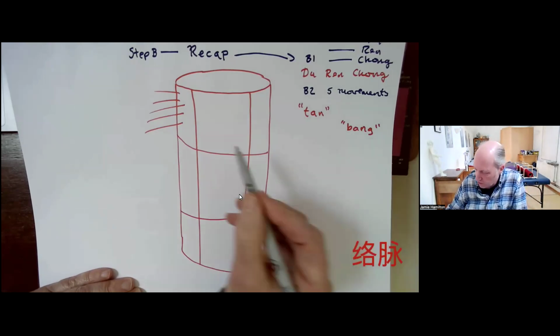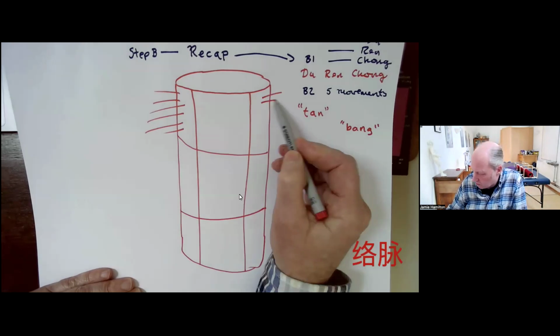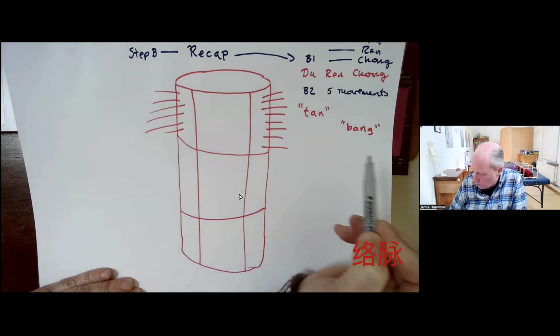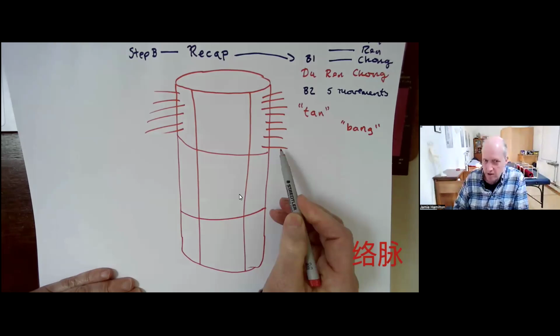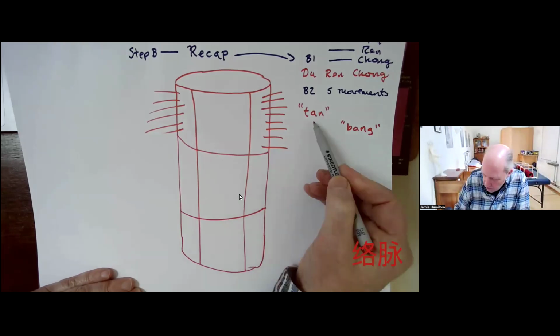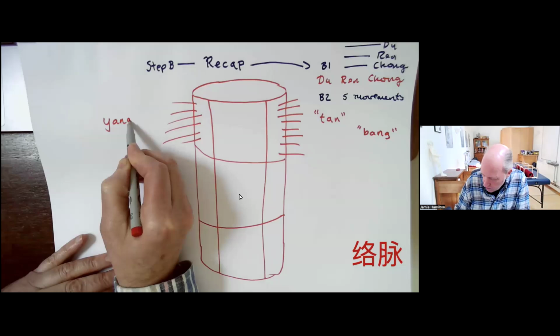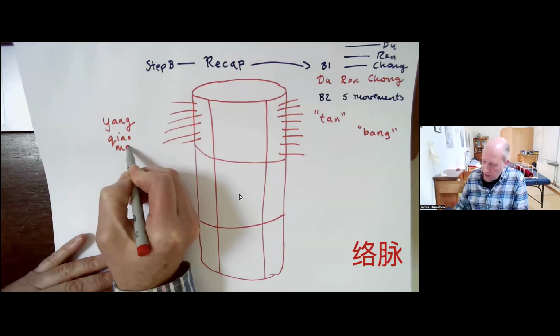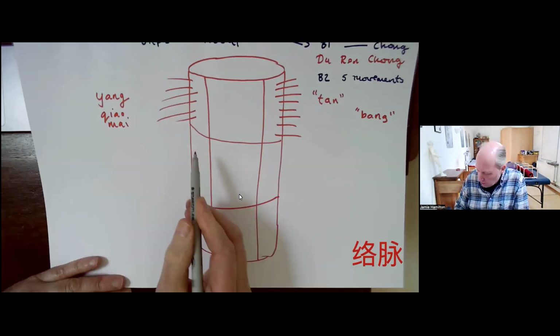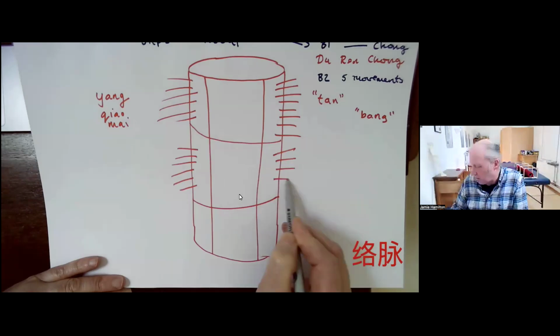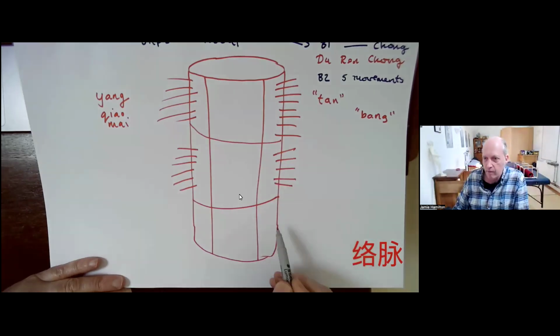So you could say this vessel at the left and right side, banging, exploding, or tan in the Chinese, this means the Yang Chao Mai. All right, so that's the top one. The middle one, of course, you would not likely have this image on one artery.